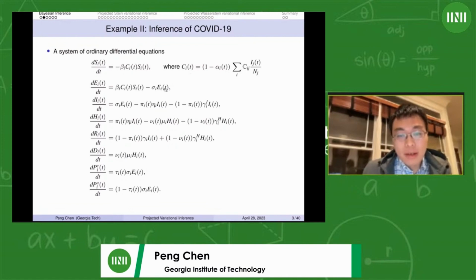There are quite a few other parameters also time dependent, so essentially we need to infer all these parameters, both the time dependent and the time independent ones, according to this model and the data.